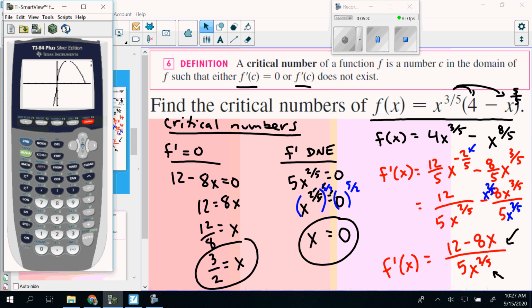You can see two things here. One, why did we have a critical value at 0? It looks like you can see it gets vertical there, so that's why there was no derivative there. And then the critical value at 1.5 looks like there is a maximum there.